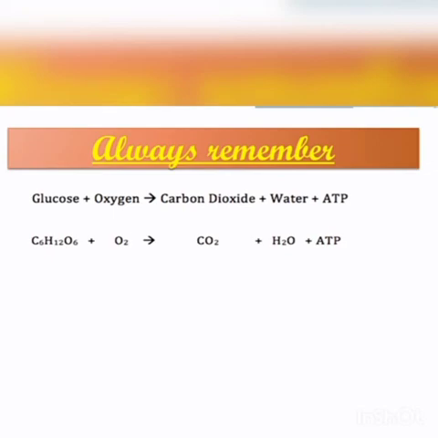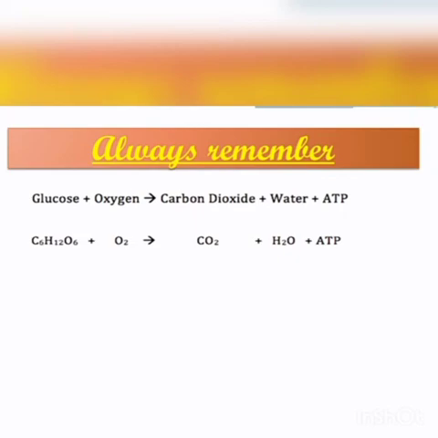While writing a chemical equation, original substances are written on the left side and newly formed substances are written on the right side. And an arrow is drawn in between. The arrow head points toward the substance formed. The arrow indicates the direction of the reaction.